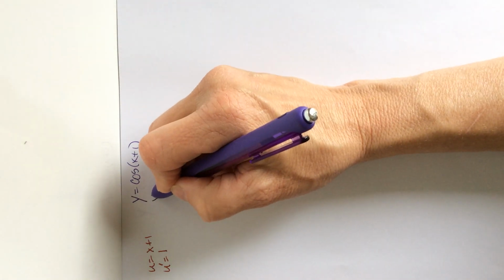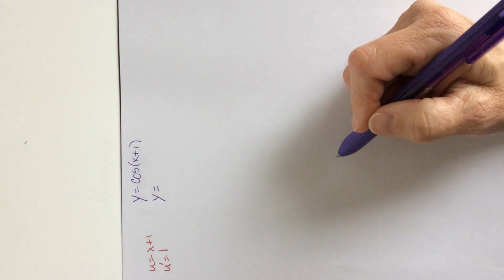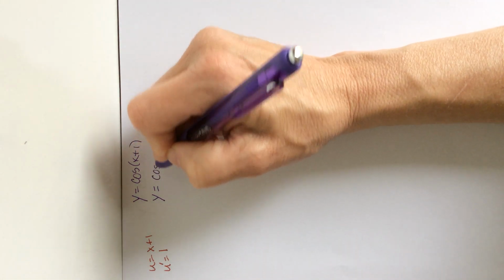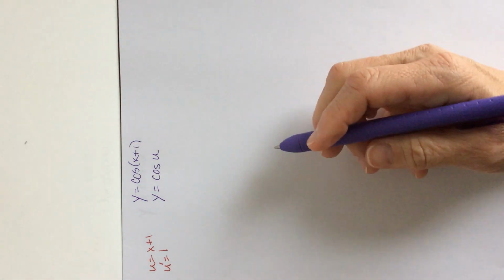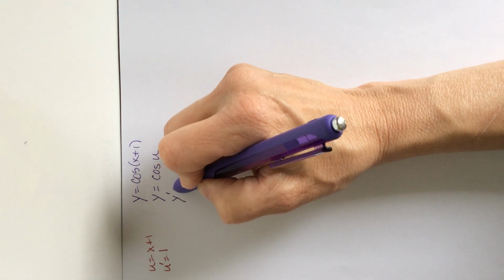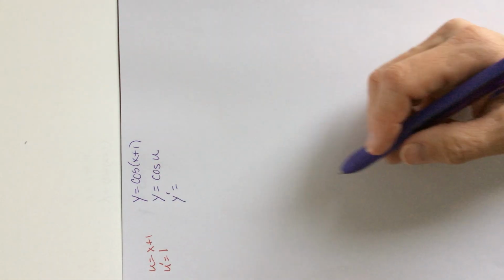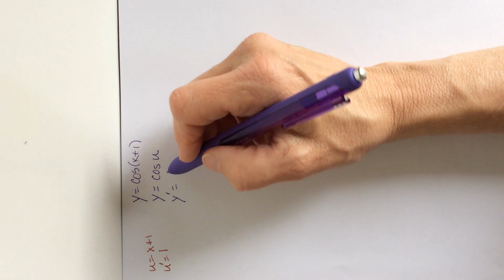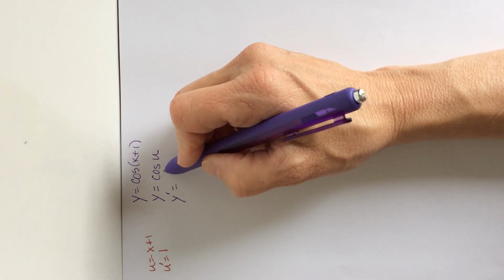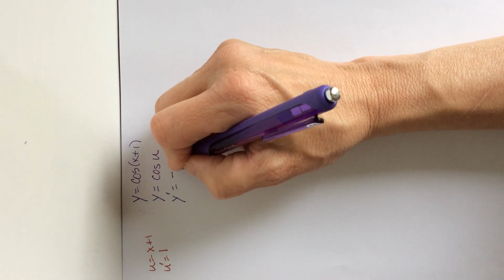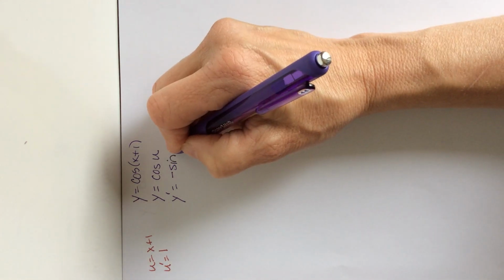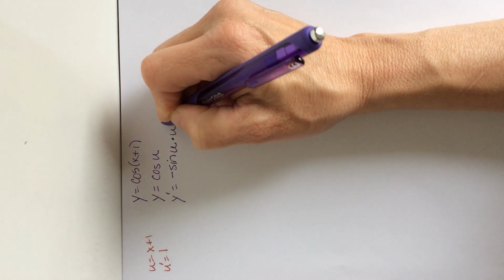So now I'm going to rewrite this in terms of u. So I have y equals cosine of u. Now I will find the derivative, and y prime equals the derivative of cosine, which is the opposite of sine of u, and I still have to multiply that by u prime.